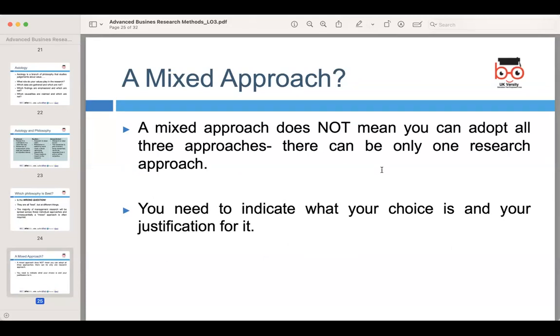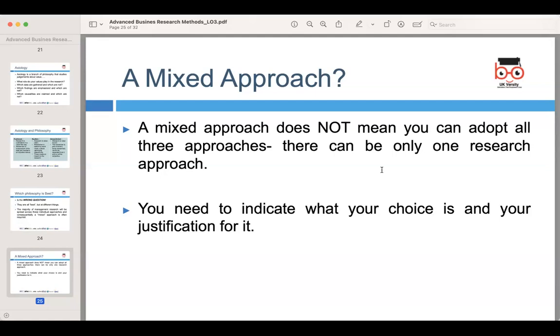Each approach has its own unique characteristics and serves different purposes. However, some researchers may wonder if it's possible to combine these approaches into a mixed approach.